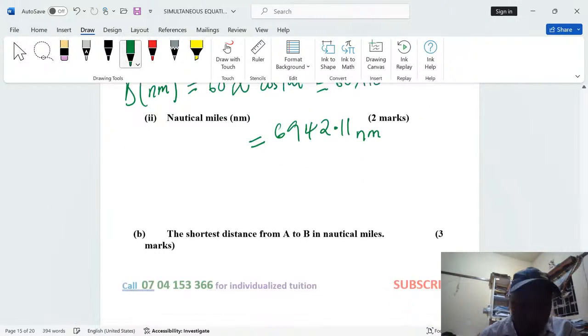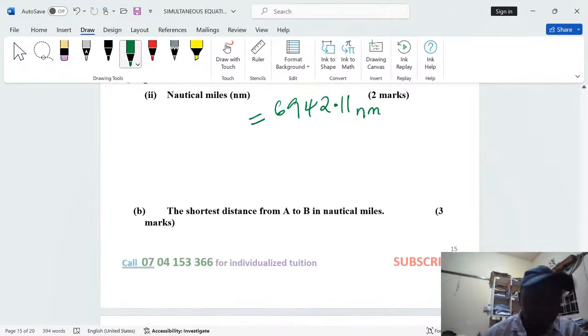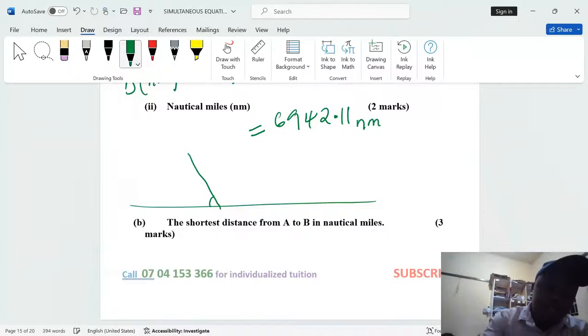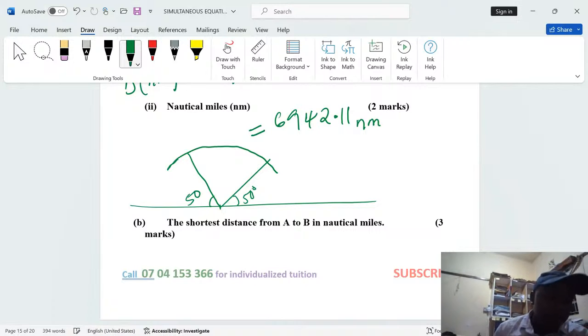There are more questions like part B, which is telling us to find the shortest distance from A to B in nautical miles. So from A to B, for us to get the shortest distance, we shall move along the great circle, such that if this is the equator, the two places are at 50 degrees in the north. Therefore, when we move along 30° in the east, we are going to find ourselves along 150.